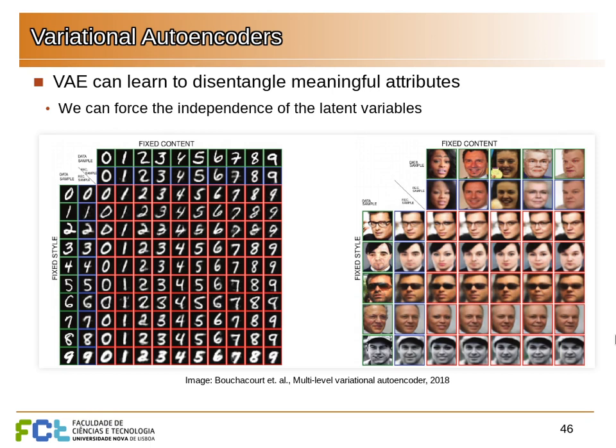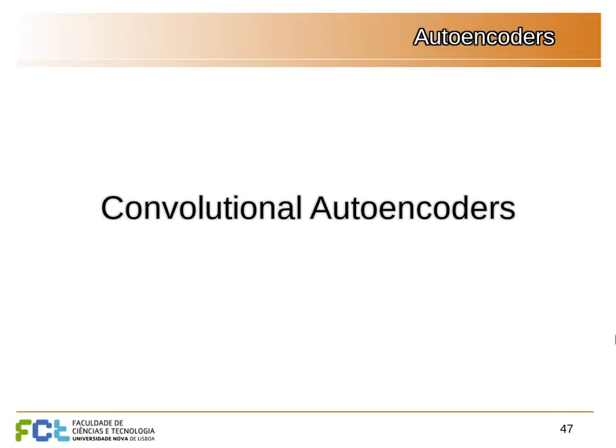We have different styles and different people with the same haircut or glasses or things like that. So we can basically disentangle the different aspects of the data, and then by choosing the right parameters on the encoding, we can generate images that have this particular style with this particular content and so on.